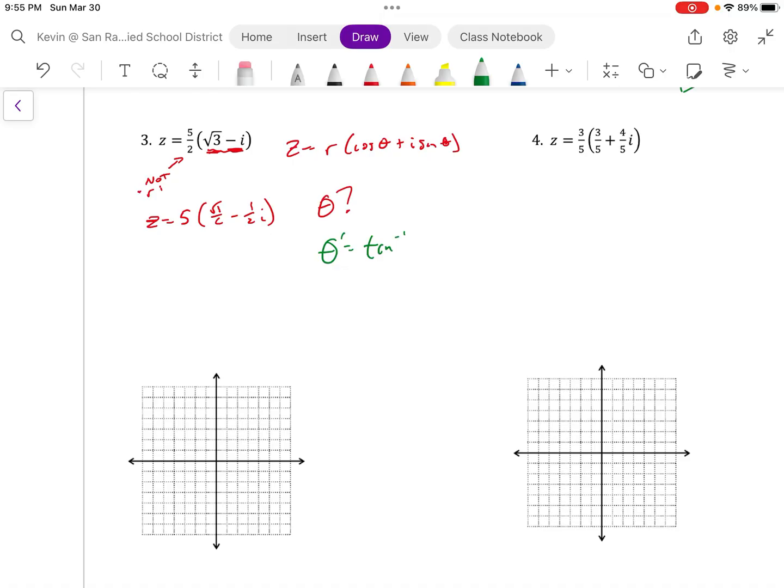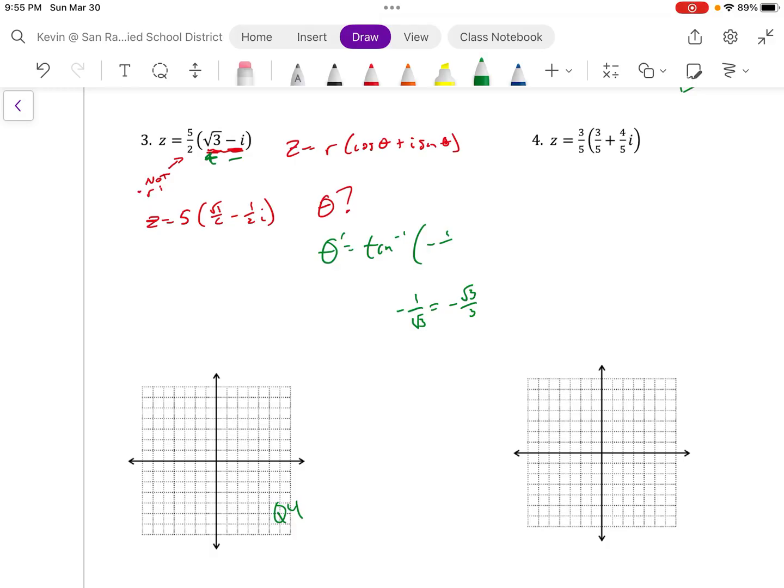I'm going to say theta prime equals arctangent of negative 1 over root 3, which, if we rationalize it, would be negative root 3 over 3. Now, which quadrant is this in? Well, this is positive and this is negative, so we're down here in Q4.